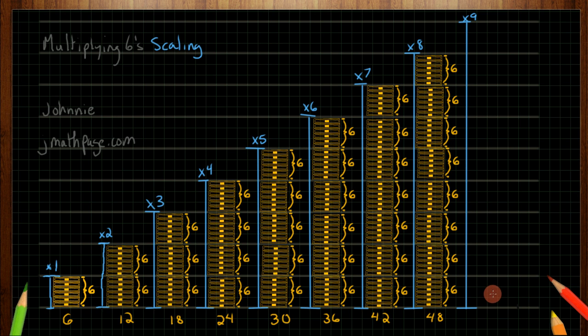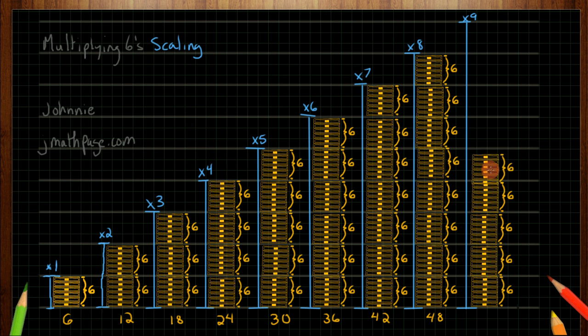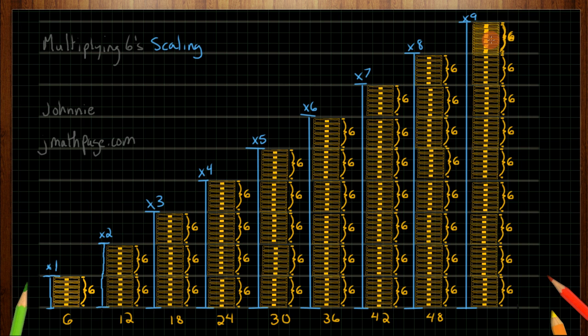Let's do one more big stack. 9 stacks of 6 boxes. 1, 2, 3, 4, 5, 6, 7, 8, 9. What a giant stack. What a very tall stack.